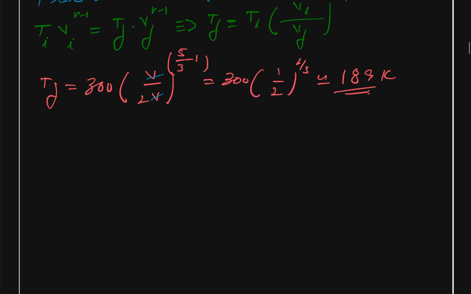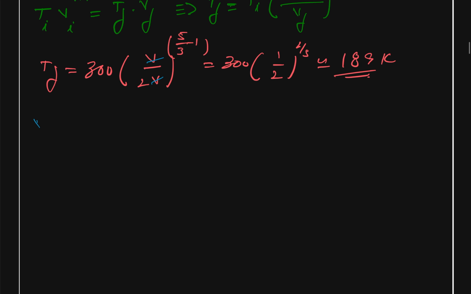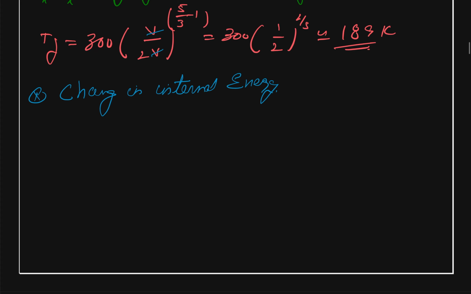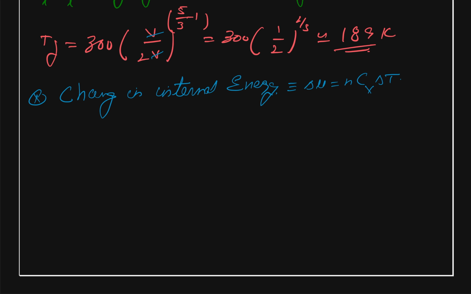Now we come to the change in internal energy. For that we have a standard formula. Delta U is equal to n C_V multiplied by delta T, and this is monatomic, so C_V is 3/2 times R, and delta T is the difference in temperature.